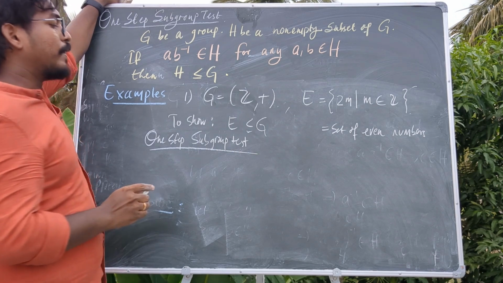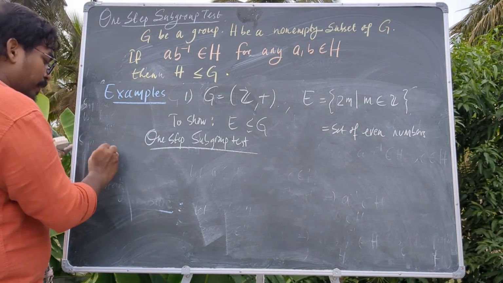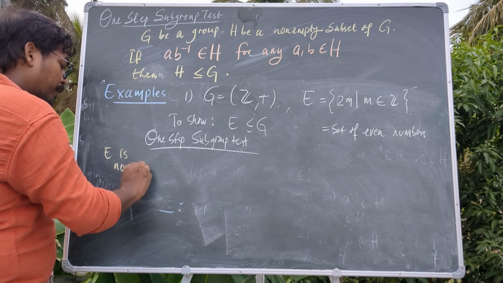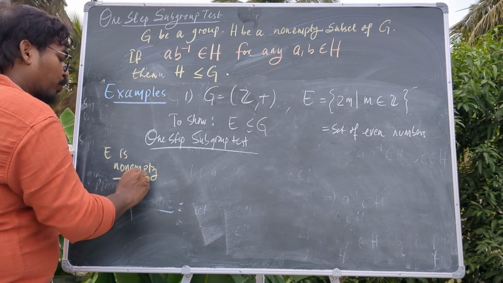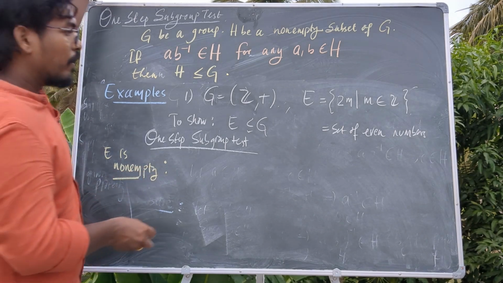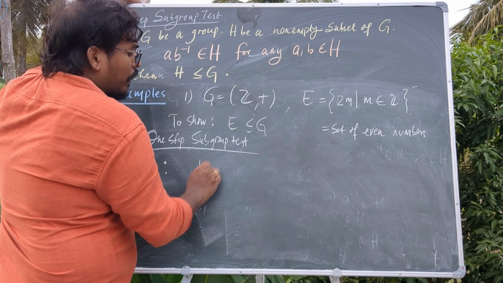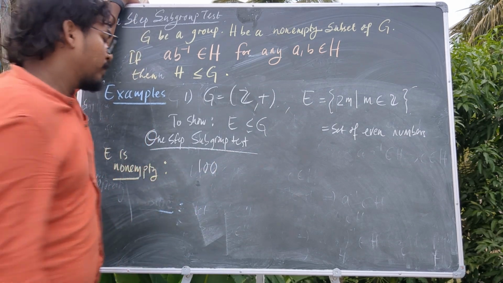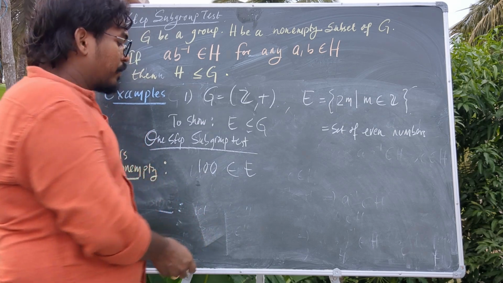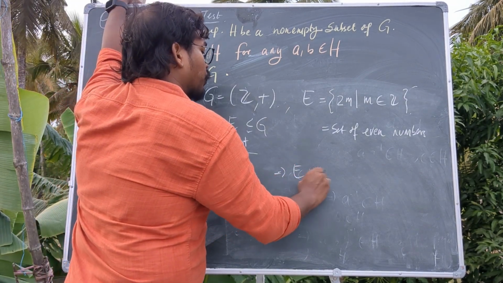We have to show some element belongs to the set E. We can take 0, or let us take 100. 100 belongs to E, as it is even. That implies E is non-empty.